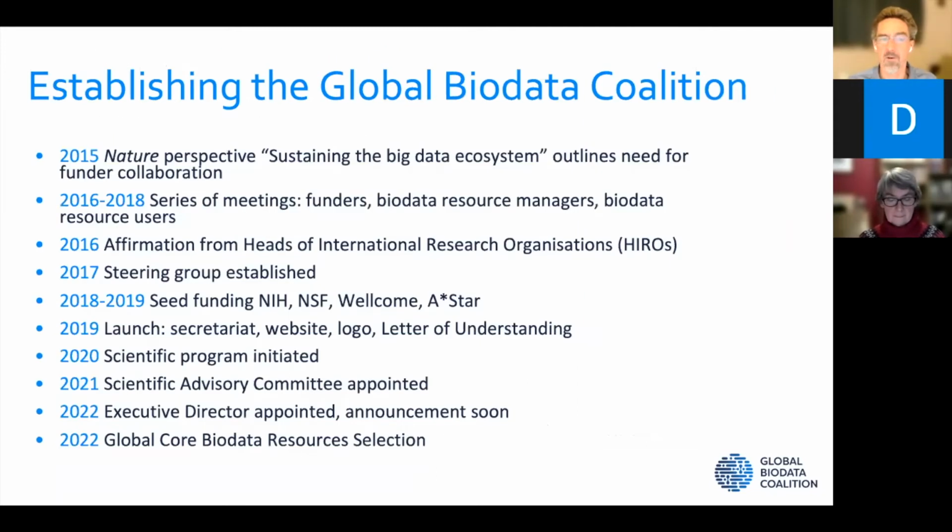Establishing the coalition, here's just a short timeline to tell you what we've been doing. The paper in Nature was in 2015. Of course, this issue was in the minds of funders far before that. Other key dates here: 2017, we established a steering group to help put things together.